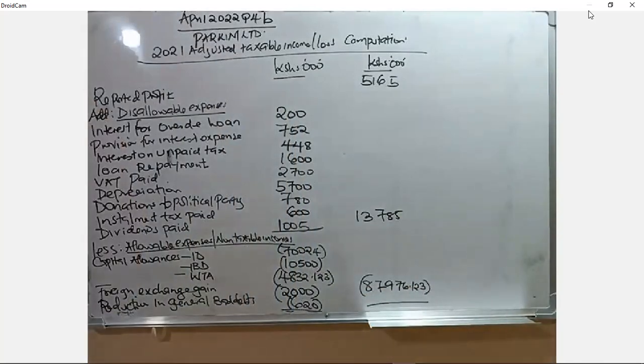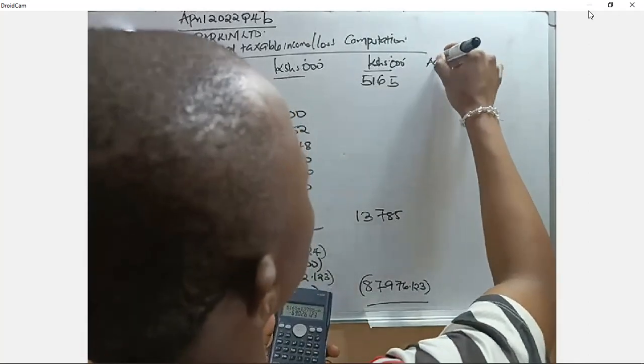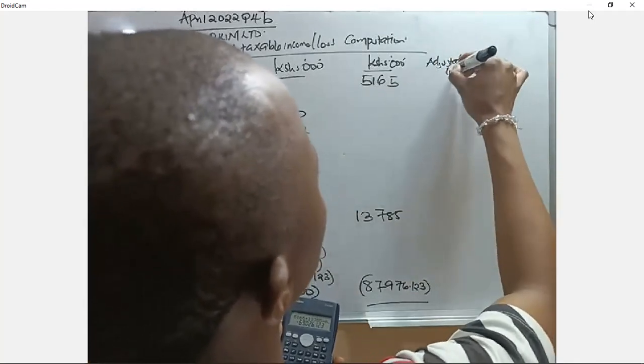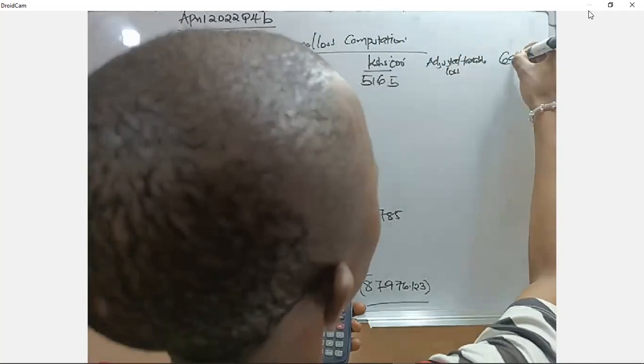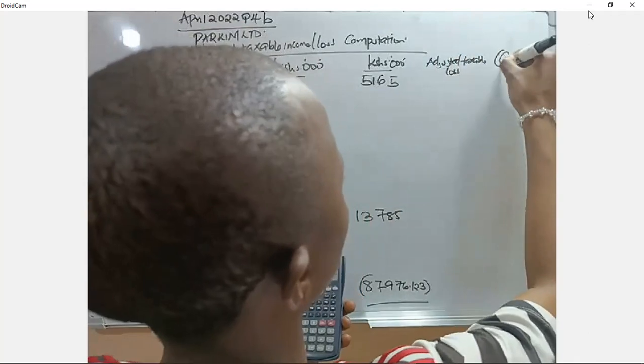I take 5165 plus 13,785 minus my total deductions of about 87,976, and I will get a loss, an adjusted taxable loss of 69,026.123.